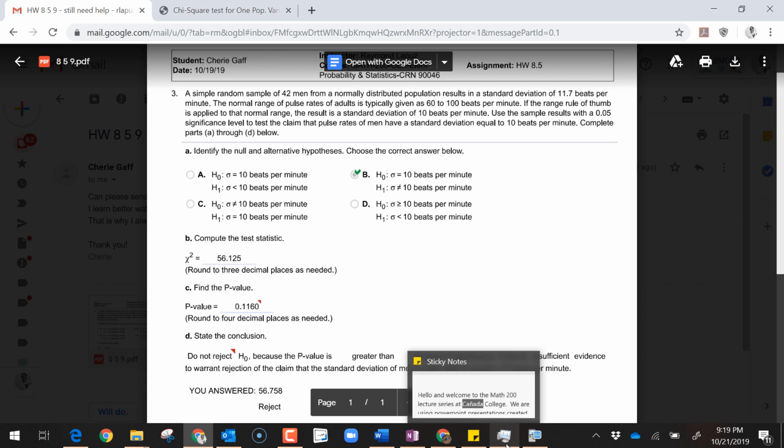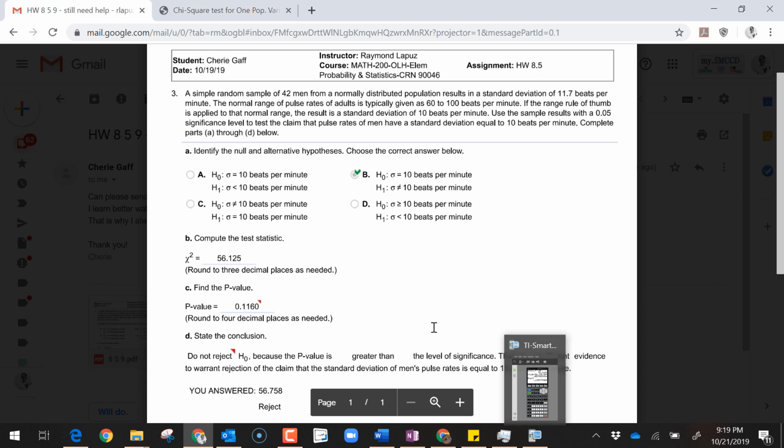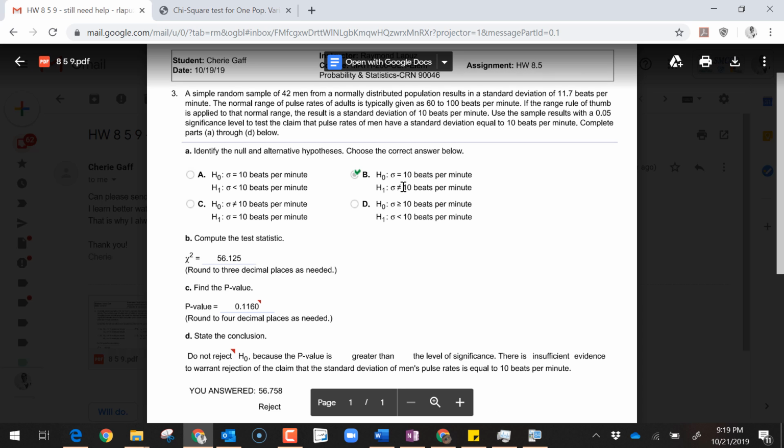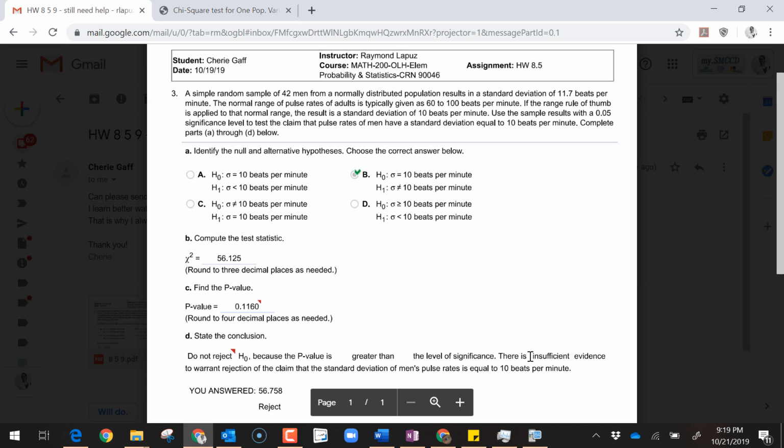If we look at the claim that the pulse rates for men have a standard deviation equal to that, we fail to reject this, so we can say that there's insufficient evidence to warrant the rejection of the claim. We cannot support it. We just failed to reject it, and that's what happens when your claim has a condition of equality.